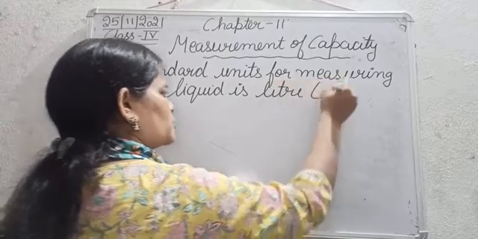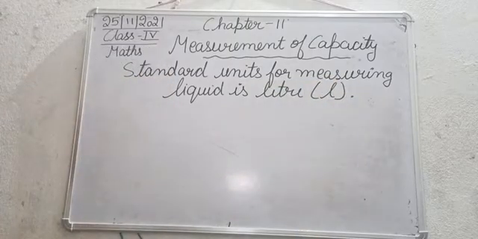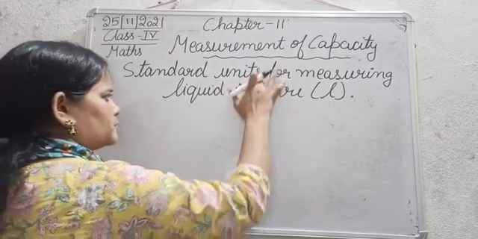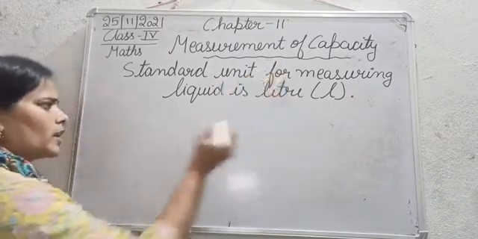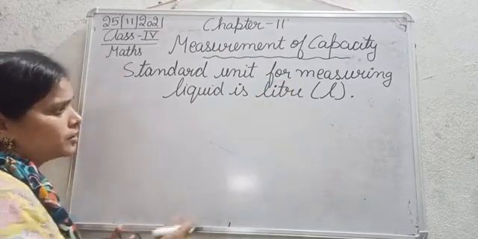For liter we use the short form L. And for smaller capacity we use milliliter.